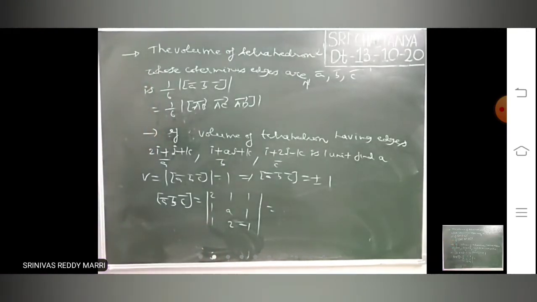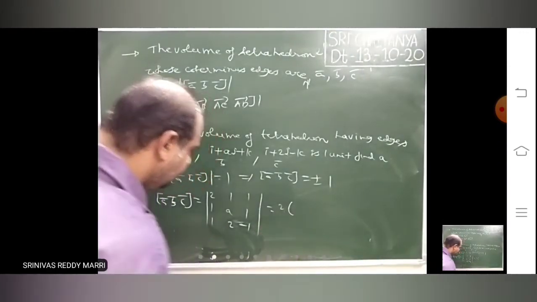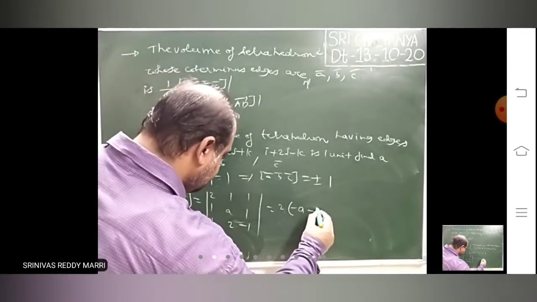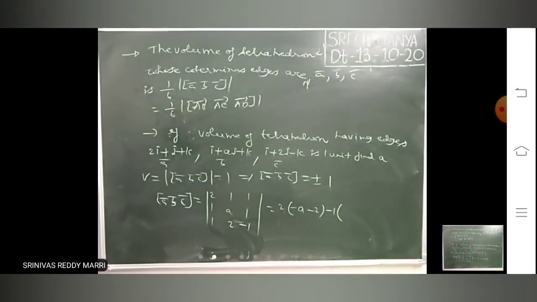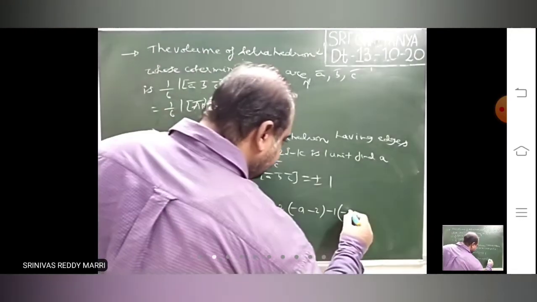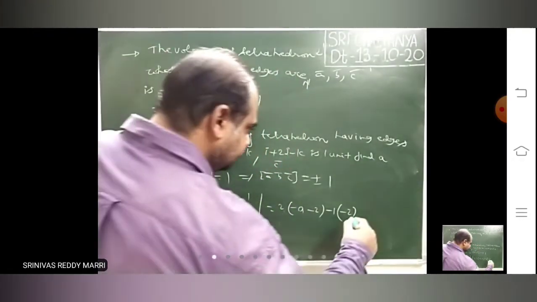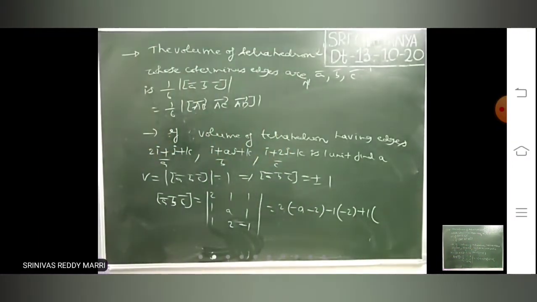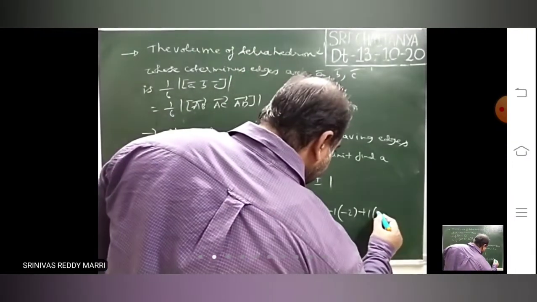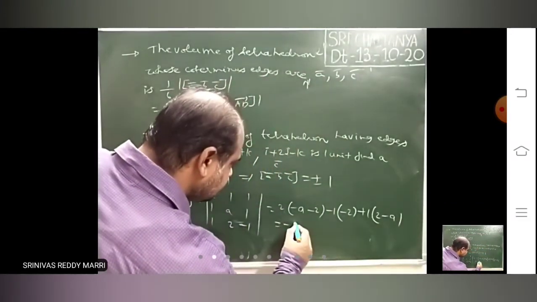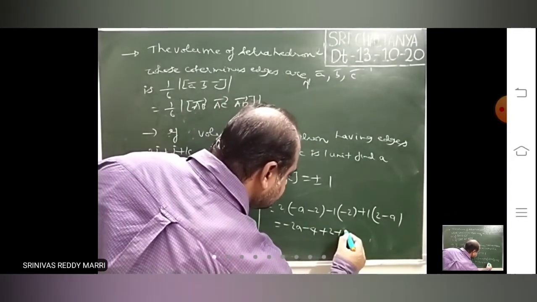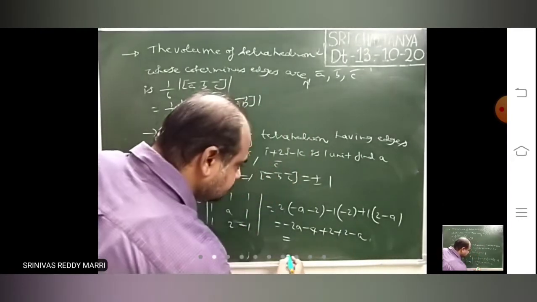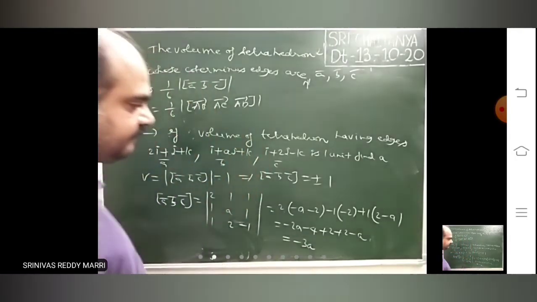So look at the determinant 2, 1, 1; 1, a, 1; 1, 2, minus 1. I am calculating. 2 into minus a minus 2, minus 1 into minus 1 minus 1, plus 1 into 2 minus a. So minus 2a minus 4 plus 2, so this is nothing but minus 3a.